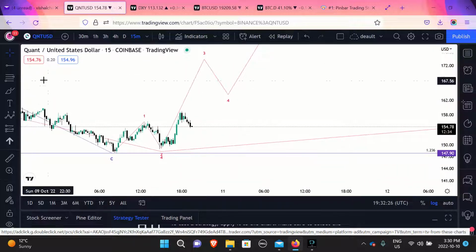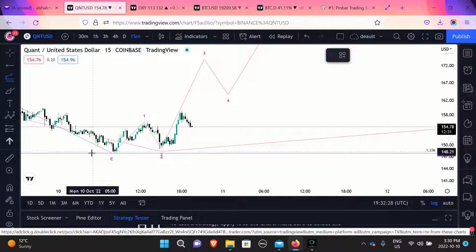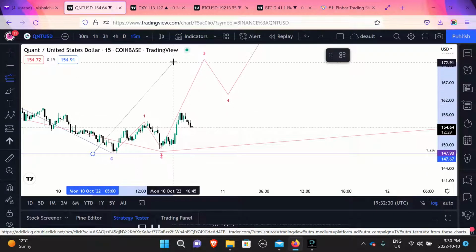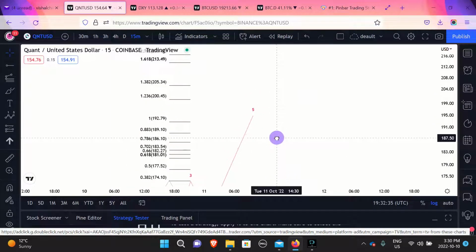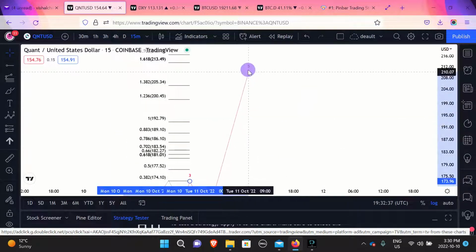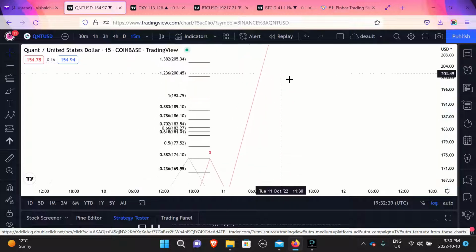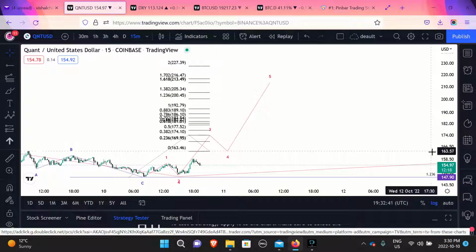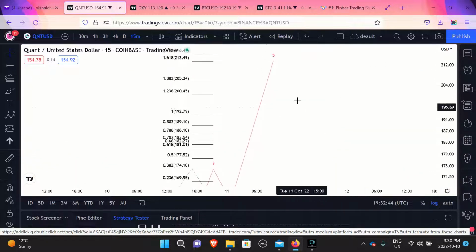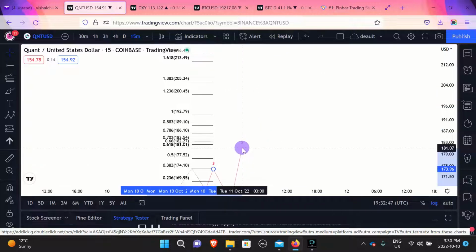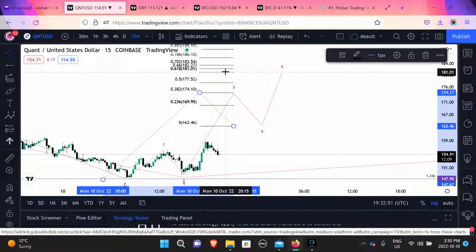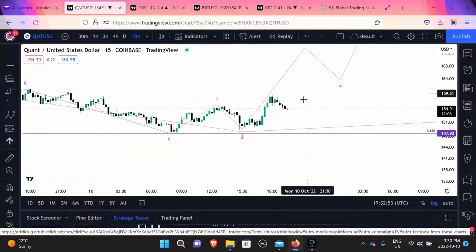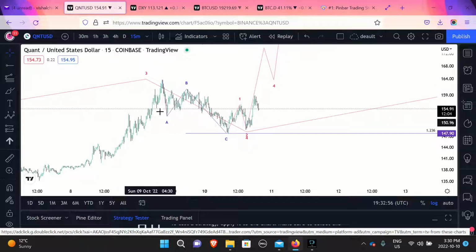And then we blast off to this area, our 0.618 area, around 180. So right now guys, we're just working on our third wave. We successfully completed this wave 4 right here.